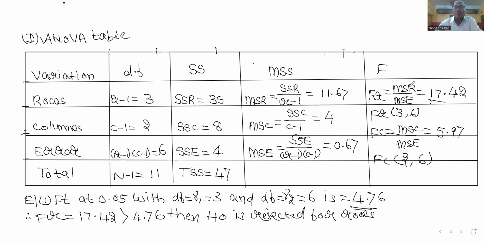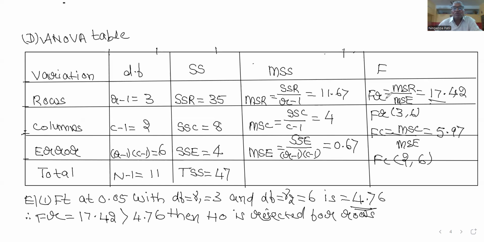And FR equals MSR divided by MSE. Look here, 11.67 divided by 0.67, this is 17.42. If MSR is greater than MSE, this is it. If MSE is greater, it becomes inverted, with MSE coming to the numerator and MSR to the denominator. This F value should always be greater than 1.